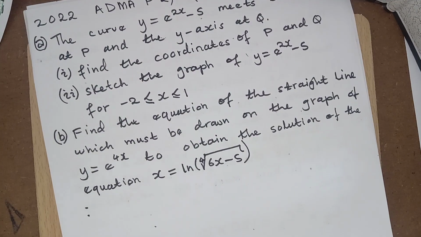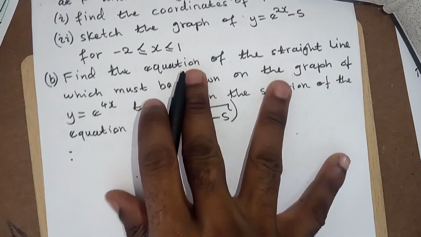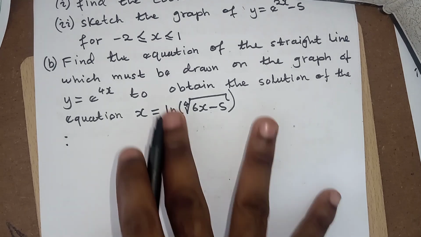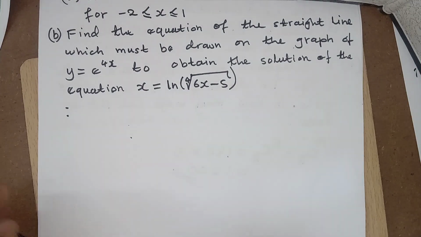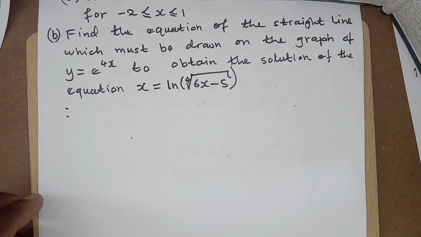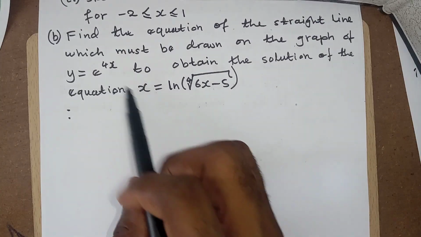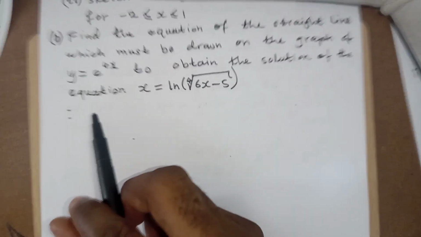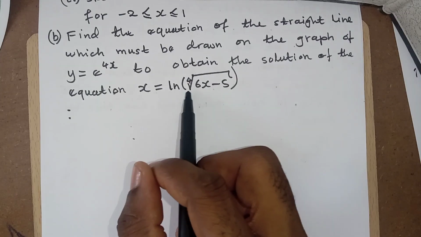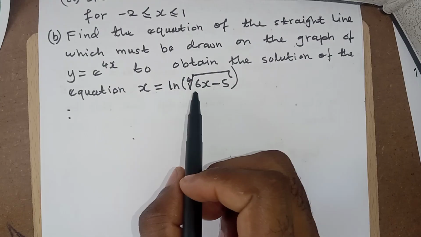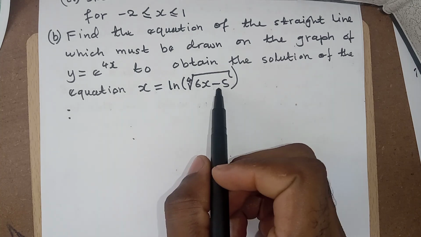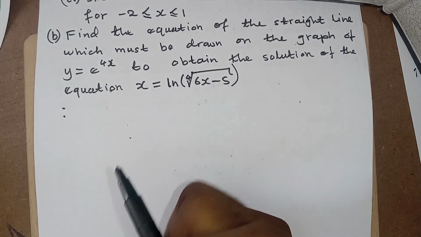And then part B, which is the easiest. So find the equation of the straight line which must be drawn on the graph of y is equal to e to the power 4x to obtain the solution of the equation x is equal to ln the fourth root of 6x minus 5.